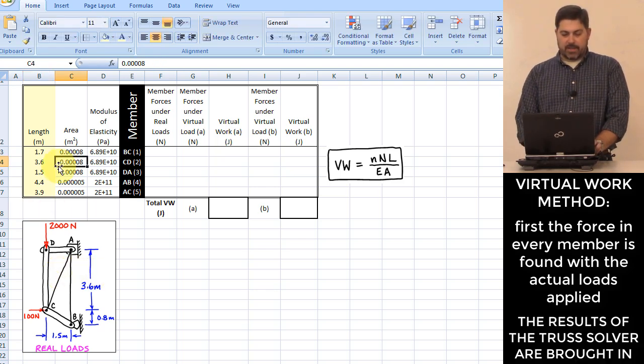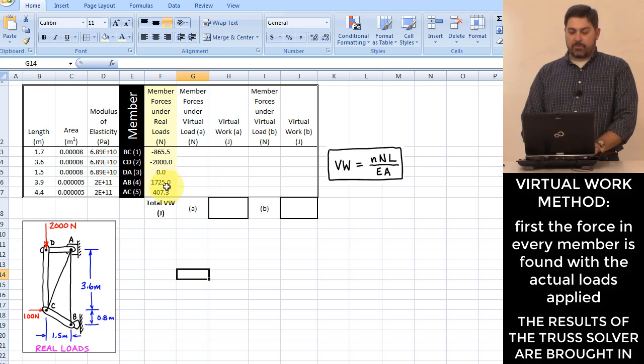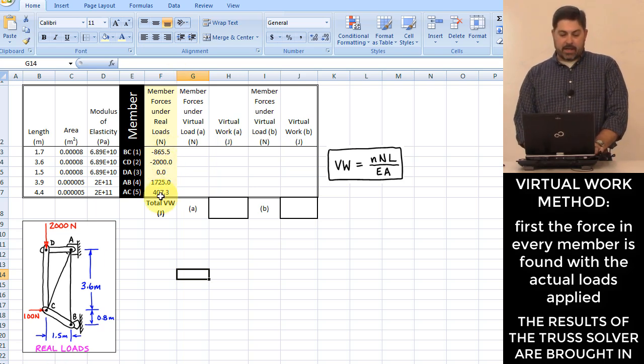Okay, so that gives me all my lengths, and I won't bore you by transcribing all these numbers. I have another sheet set up here with those values that I got by solving this truss and coming up with those loads.